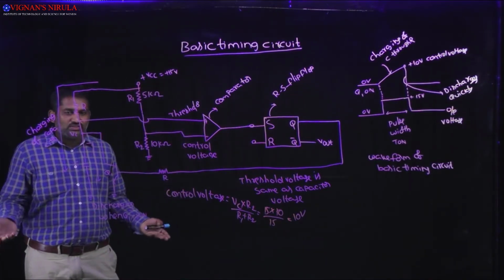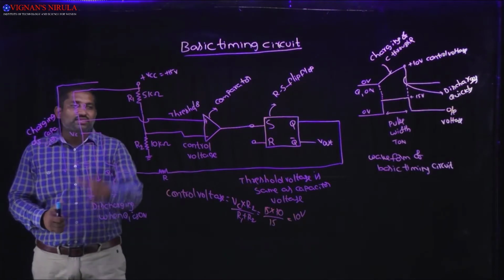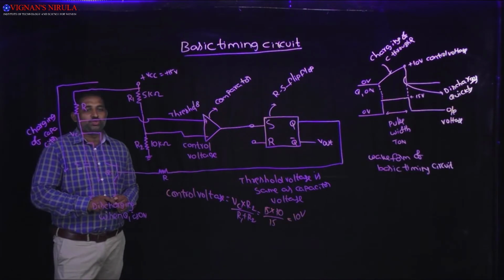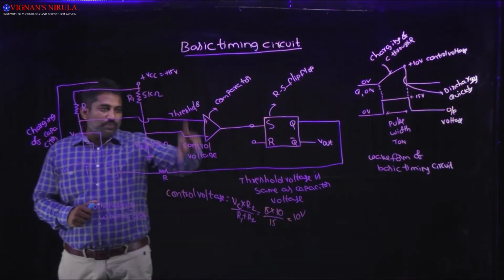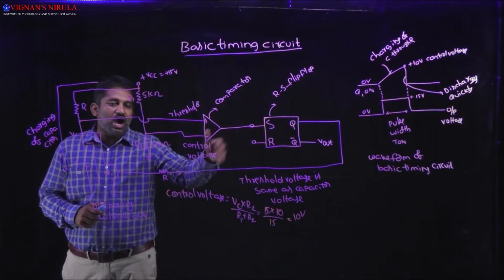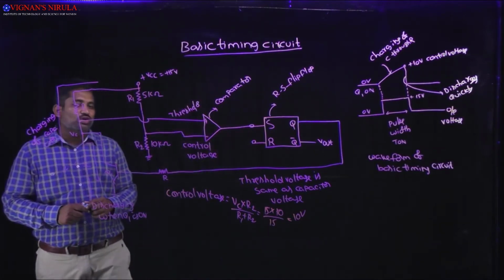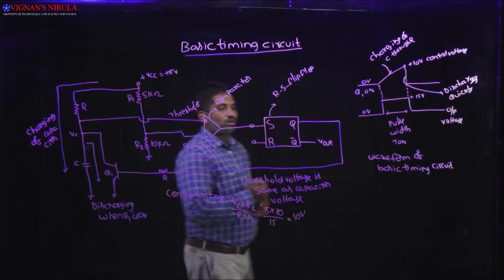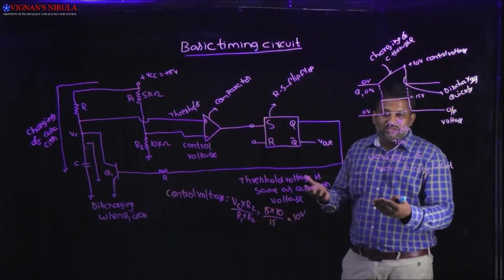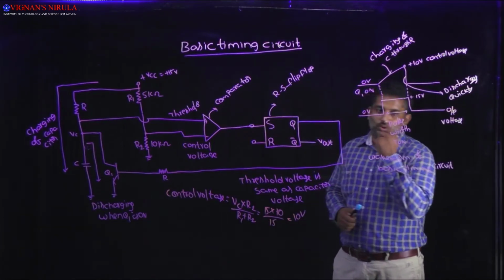If the capacitor is discharging also, we will apply that voltage to the non-inverting input as the threshold voltage. And after comparison of these two voltages, we may get the output as high or as low.